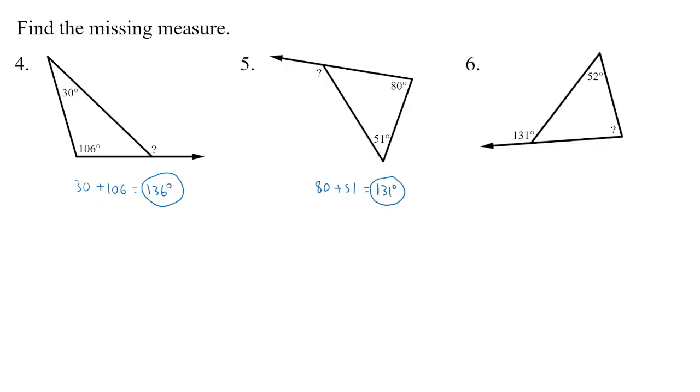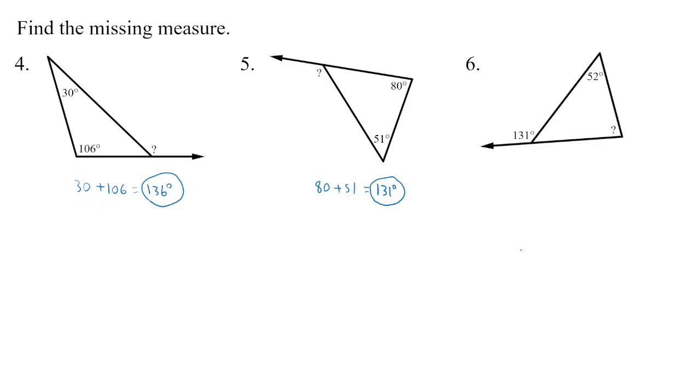But pay close attention to number 6, because on number 6, they gave you the exterior angle, which is 131 degrees. And they gave you one of the remote interior angles, which is 52. And they asked you to find the measure of the other interior angle.